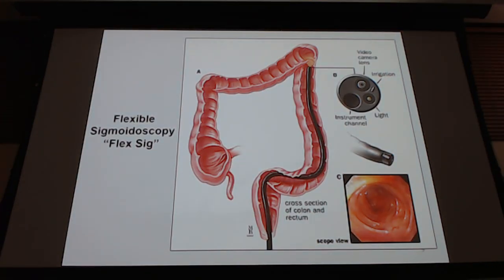Here's our flex sig. Again, we're looking at what we consider about a third of the colon. That's going to be the descending colon. So this is done by the rectum. So again, this has to be a planned procedure, like a colonoscopy. So if you go in there like, oh, I'm just willy-nilly going to do this without any prep, you're not going to see much.